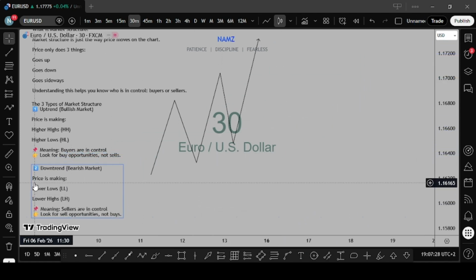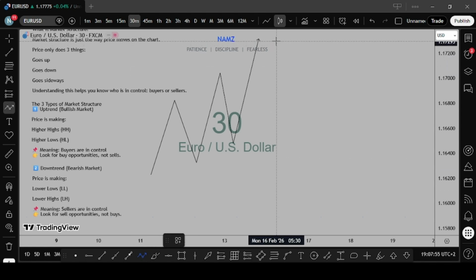So the type of market number two is a bearish market or a downtrend, as you can call it. Price is making lower lows and lower highs, meaning sellers are in control. Look for sell opportunities, not buys.